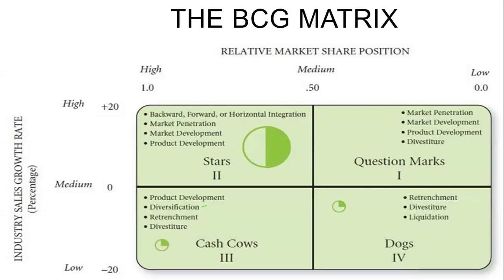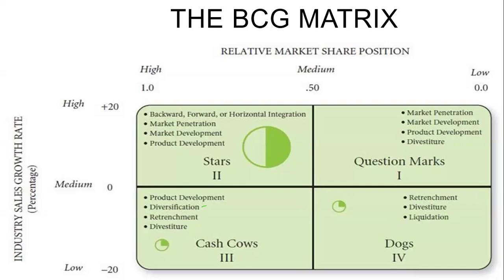Yes, please. Okay. So the idea is that the industry sales growth rate of the firm is medium to low. It's not high, it's medium to low.